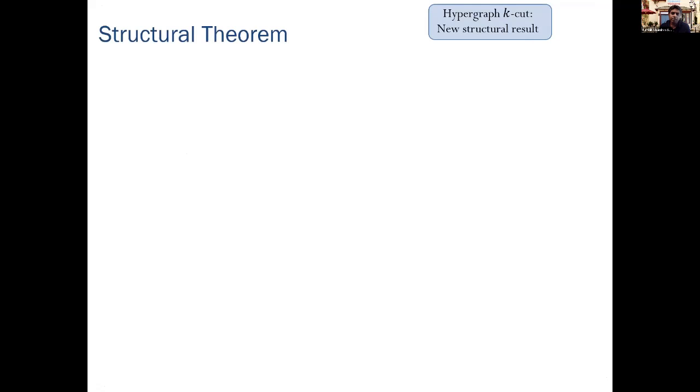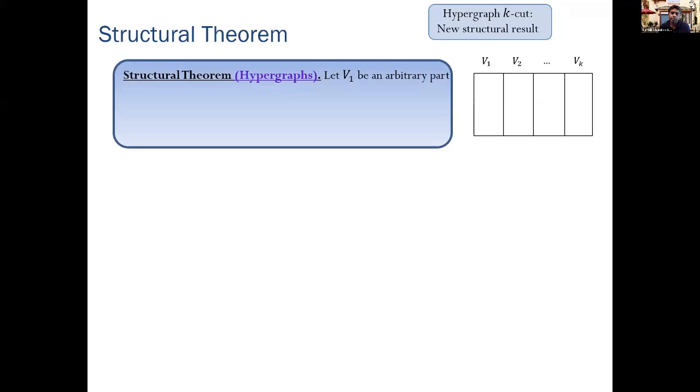Okay, to recover the parts of an optimum k partition, we show a clean structural result. Here's the structural result. We look at the optimum k partition, V1 through Vk. This is unique, look at it. Now let's focus on an arbitrary part of the optimum k partition, say V1.